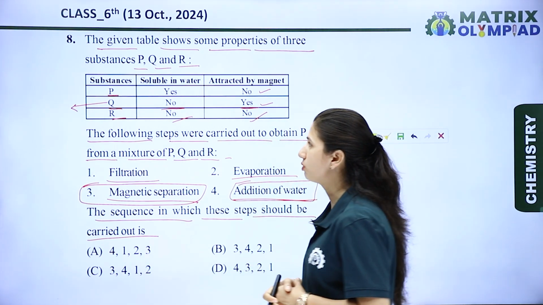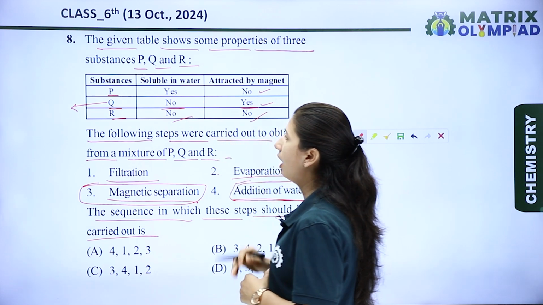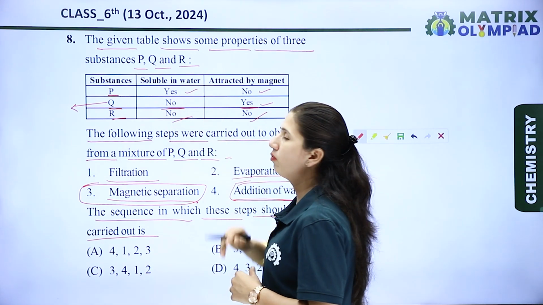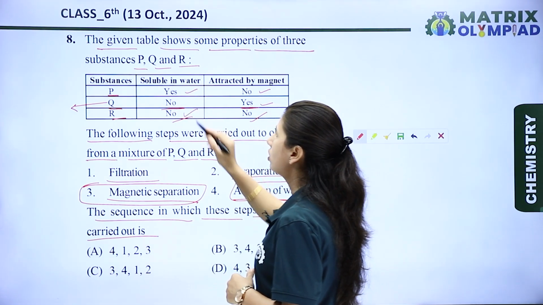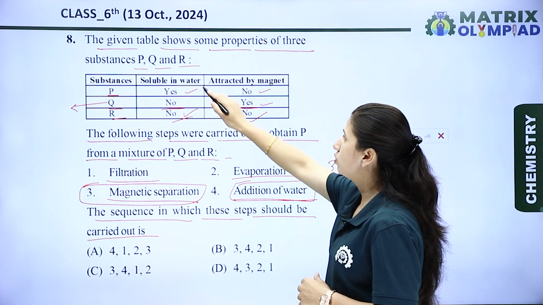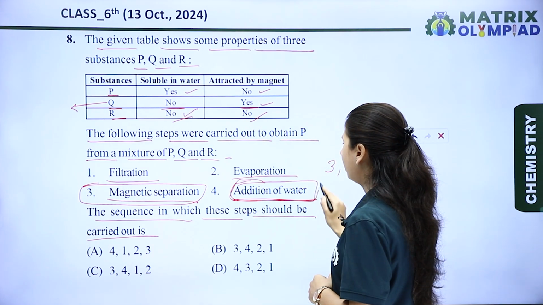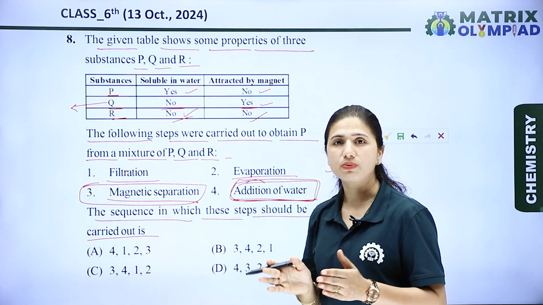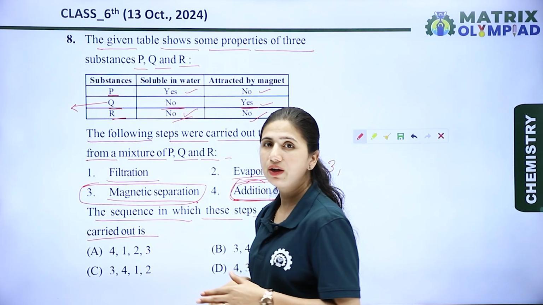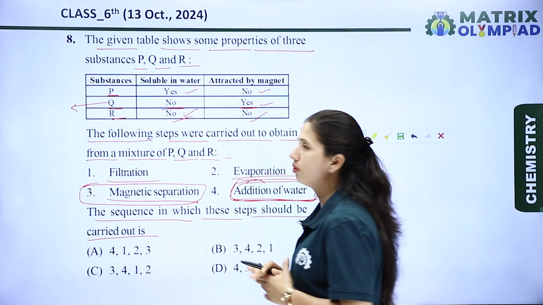So there are two substances, P and R. P is soluble in water and R is not soluble in water. So when we add the water, P dissolves and R does not.